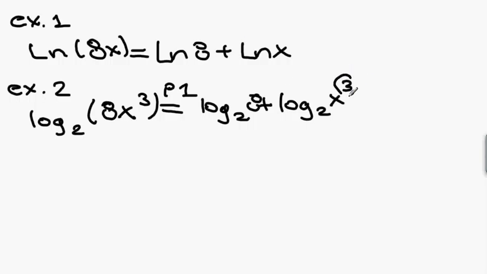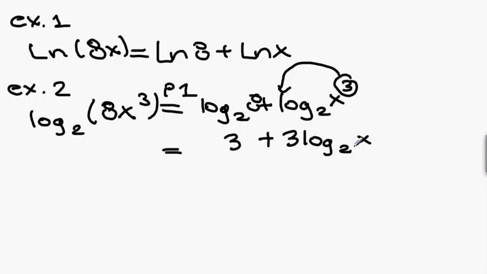Next, we're going to take our 3, it jumps straight to the front of the log, and we have to add one more step. We simplify log base 2 of 8 because we can. Based on the last lesson, you should know log base 2 of 8 is 3. So 3 plus 3 log base 2 of x.